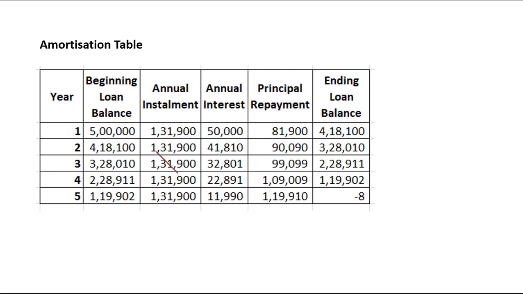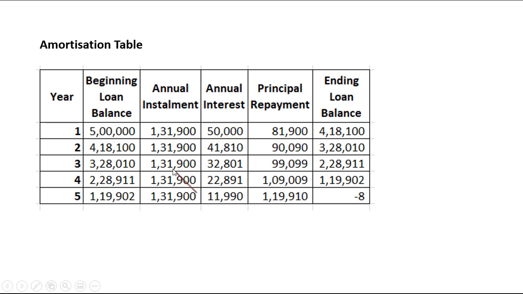Now, out of 131,900, 41,810 was considered as interest. So the remaining 90,090 rupees was considered as the principal. So if we subtract 418,100 and 90,090 rupees, we get 328,010. Then this 328,010 becomes the ending loan balance for year 2, but the starting loan balance for year 3.